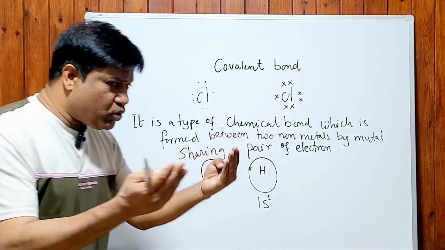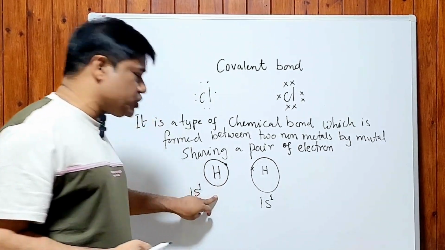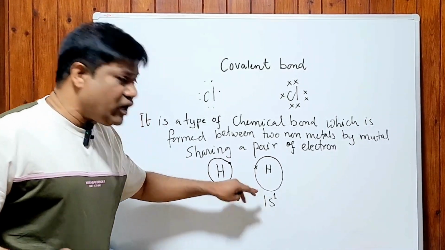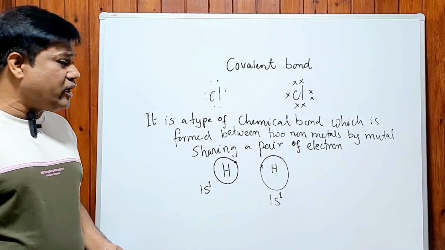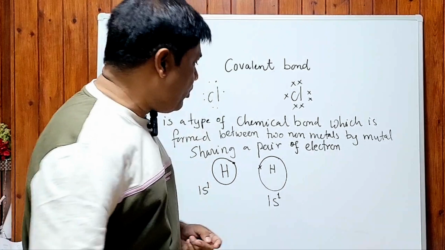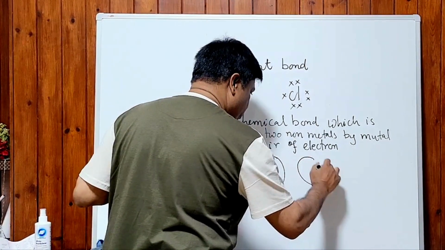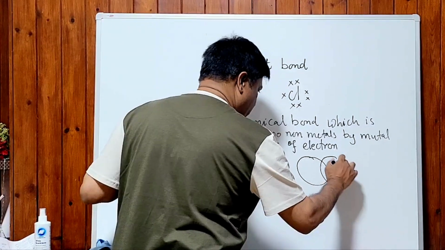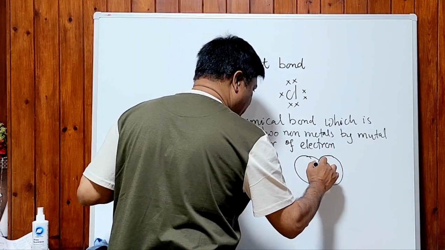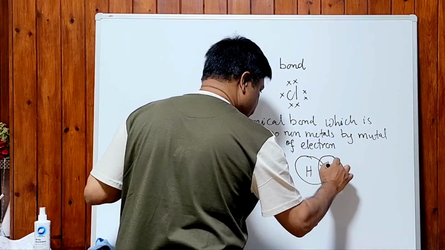So they come close together, and the s orbital of this hydrogen and the s orbital of that hydrogen overlap with each other and form a bond, which is called a covalent bond. Look at that. They form a covalent bond by overlapping atomic orbitals.